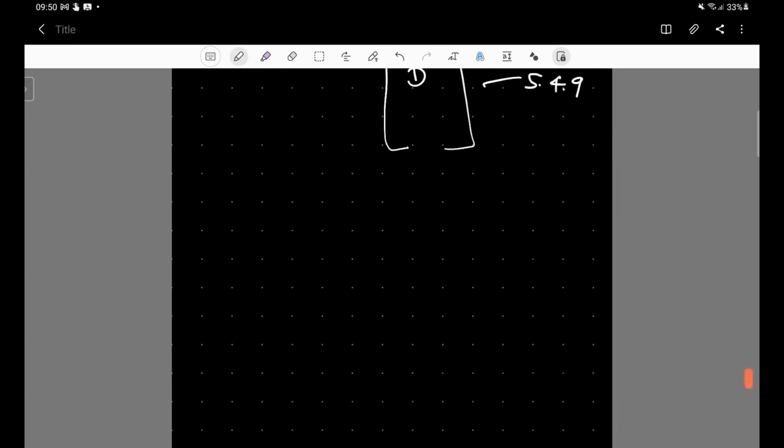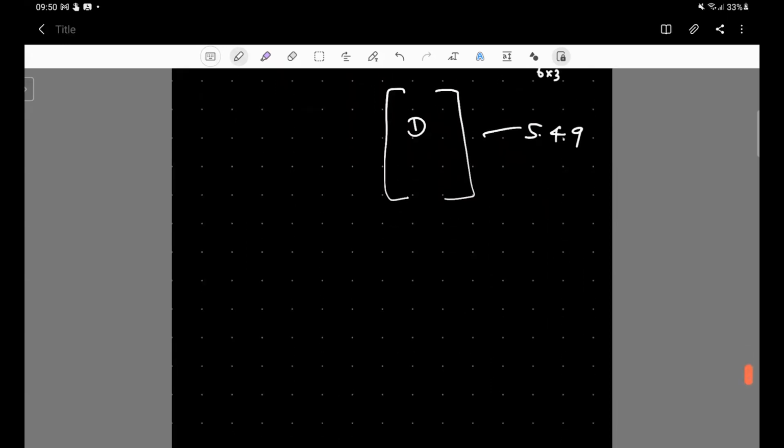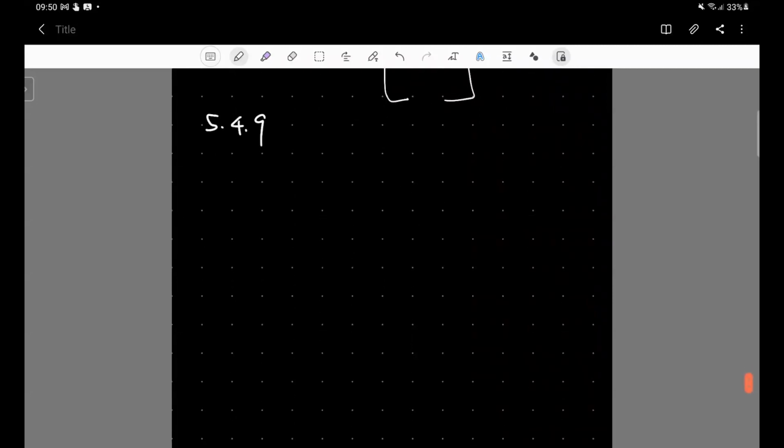So with a bit of simplification of 5.4.9, if you do your math right, you would be able to get the result.